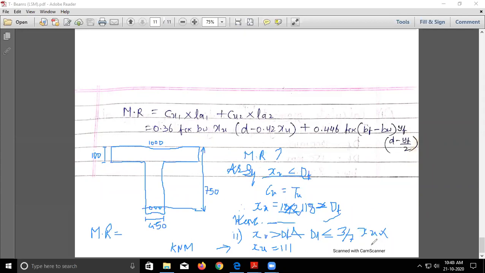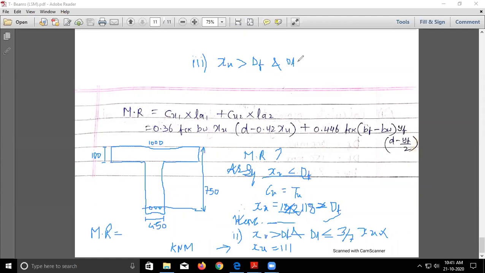So what you will do now? You will go for the third condition. As simple as that. Correct? So now what is the third condition? The third case, let me write here, is Xu greater than Df and Df greater than 3/7 Xu.